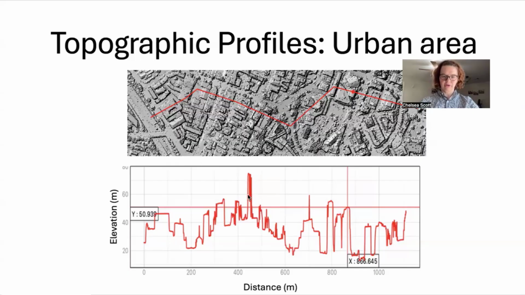For example, this building here starts at just over 40 meters elevation and goes to about 75 meters elevation. So we can very precisely measure the elevation of different features on the map. We can also see the underlying geology of the city. For example, we see here there's a hill.